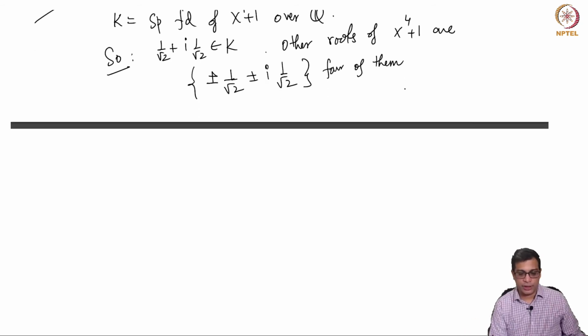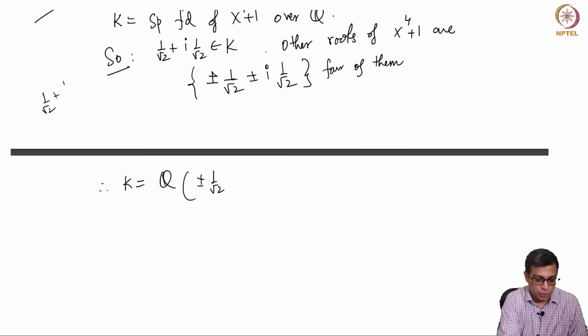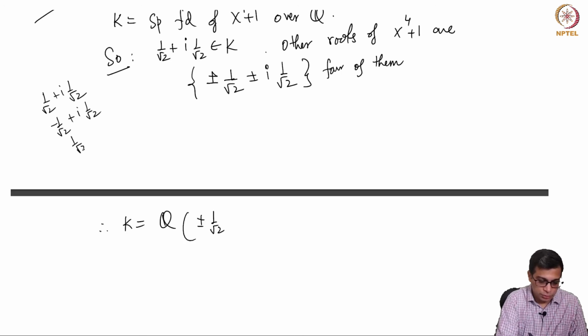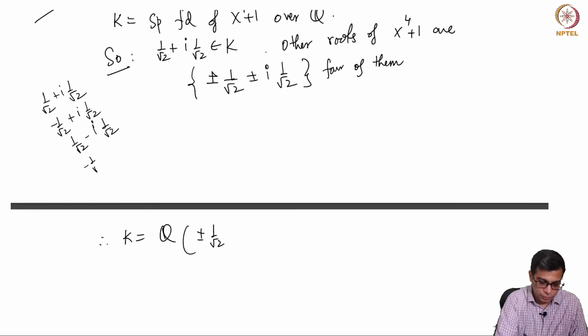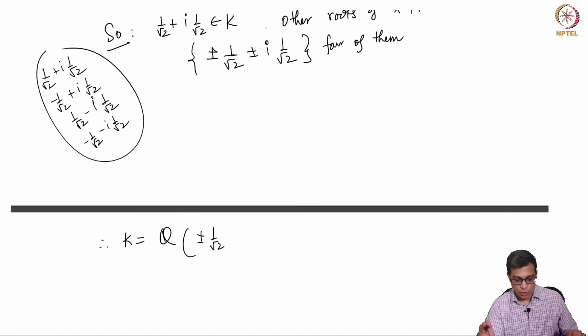So you can immediately conclude that K is equal to Q adjoined ±1/√2 and ±i/√2. You can check that their fourth power will be -1. So these are the roots.